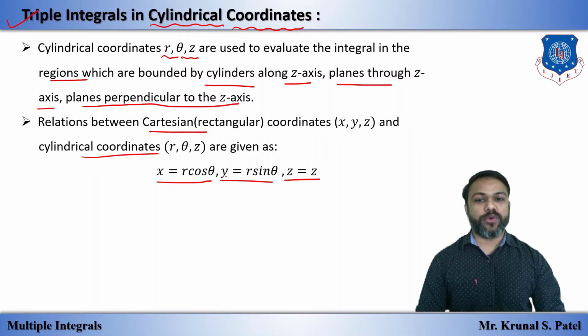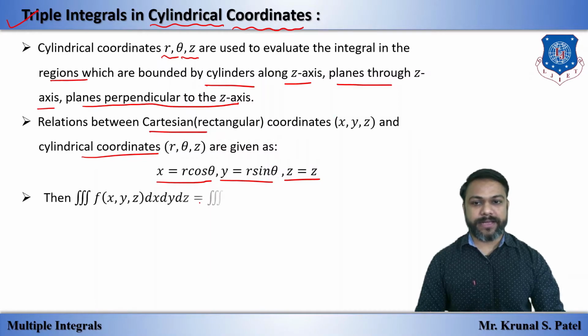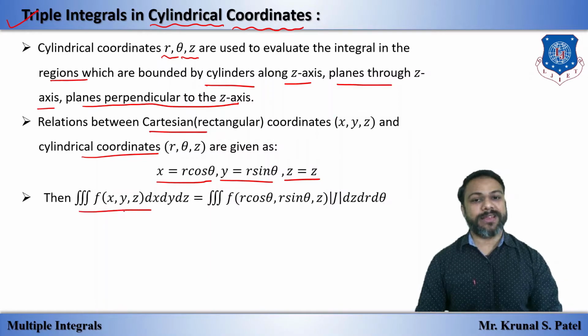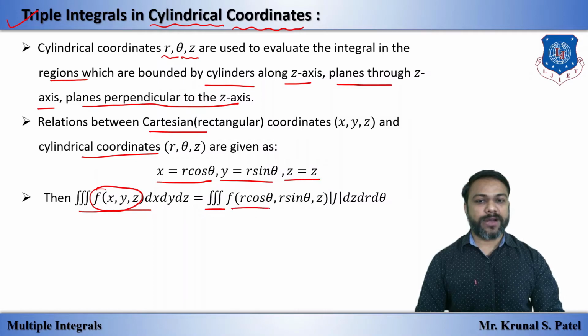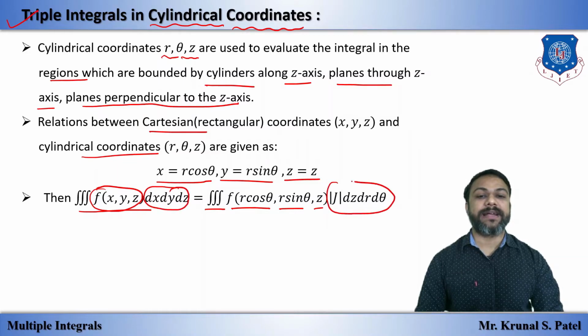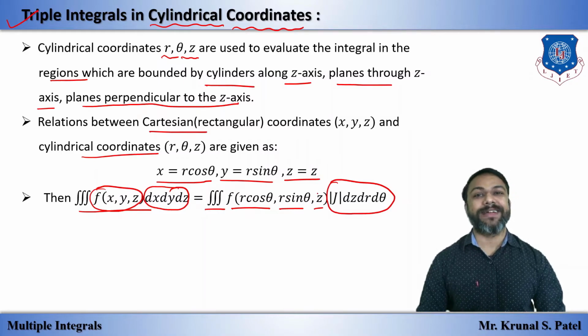Okay, if we put all these three in the given integral, we will get the triple integration as it is, and we will change the limits according to the given limits, and this f of x comma y comma z becomes f of r cos theta, r sin theta and z as it is, and dx dy dz becomes J dz dr d theta, as we have seen by Jacobian change of variable.